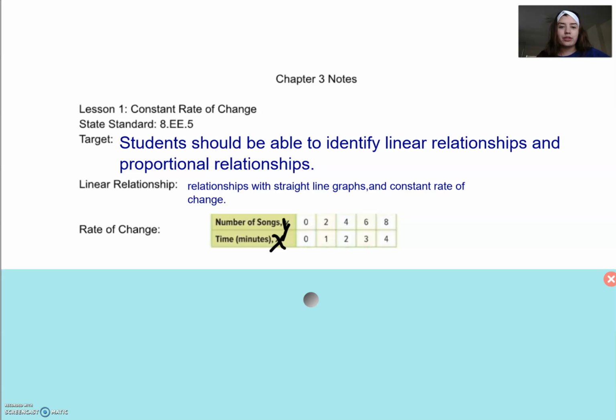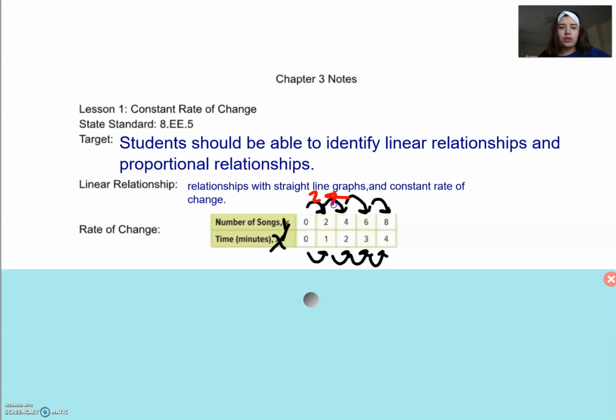And to find the rate of change, we have to compare how our y's change from one answer to another, and the same for x's. So from 0 to 2, that is a change of 2.